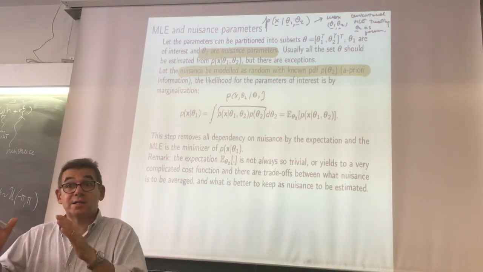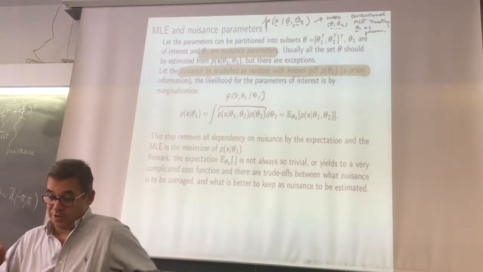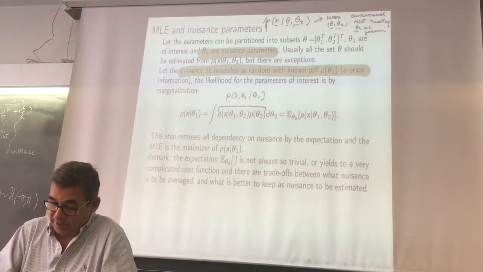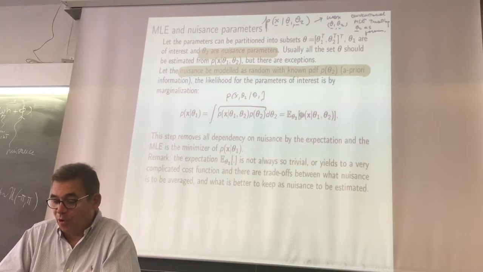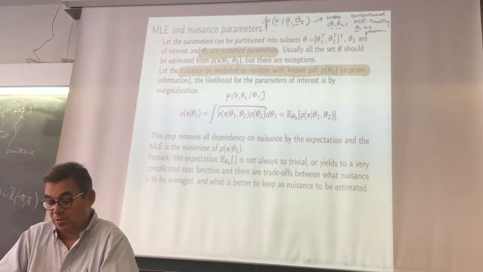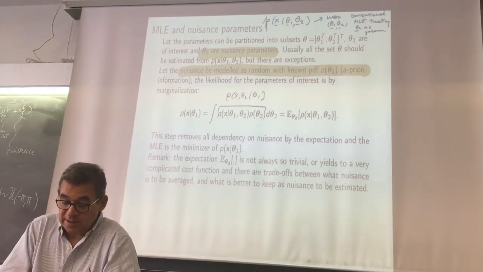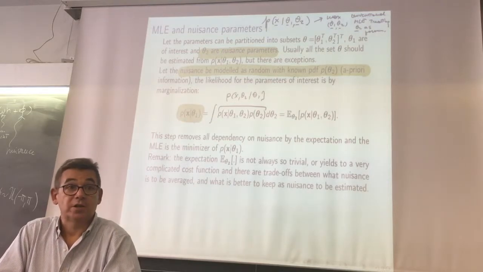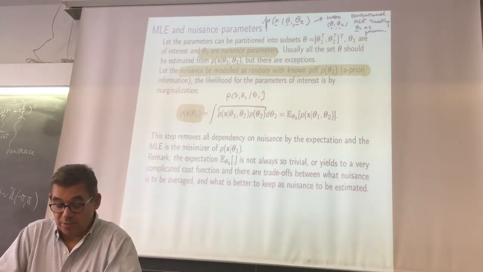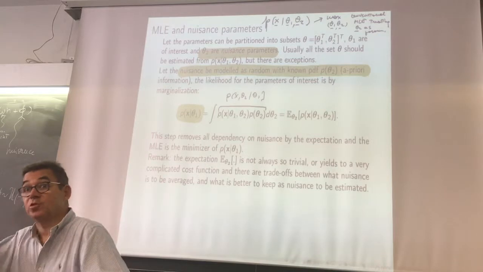Okay? Marginalizing, I'm averaging all the possible states of theta 2. I'm computing the expectation with respect to theta 2 of all these possible options about the value of the nuisance. Now the good news is that this new function is the probability of x conditioned on theta 1, so depending on the parameter theta 1. So the nuisance has been removed.